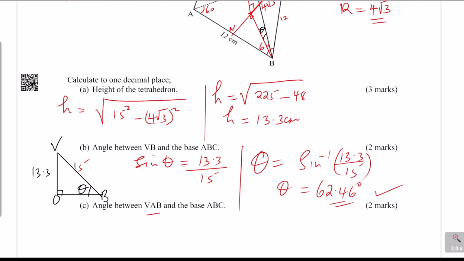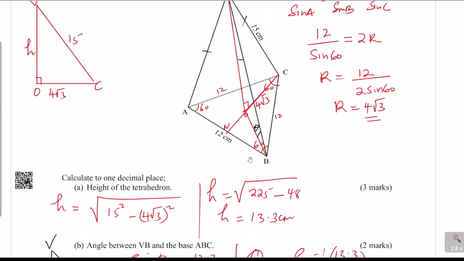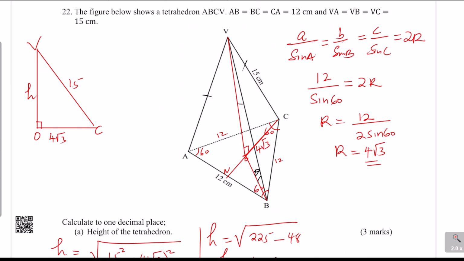That is the angle between two planes, VAB and ABC. So we have VAB and the base that is ABC. When you're getting the angle between two planes, you consider this plane first, VAB, and then you draw a perpendicular from V to that other plane, like that.